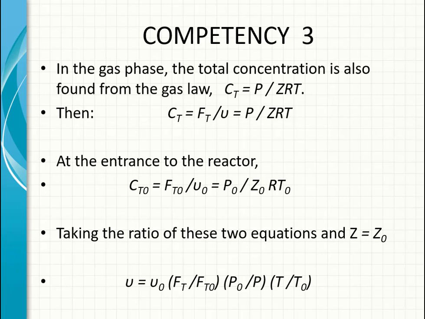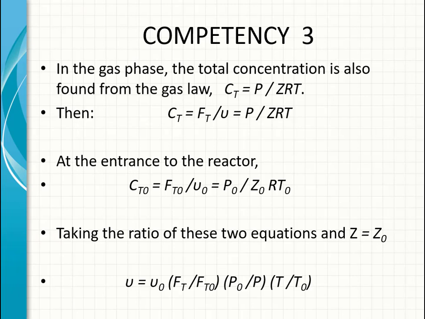If we apply this equation to the entrance of the reactor, we will get Ct0 at the entrance is going to be P0 divided by Z0 R T0.